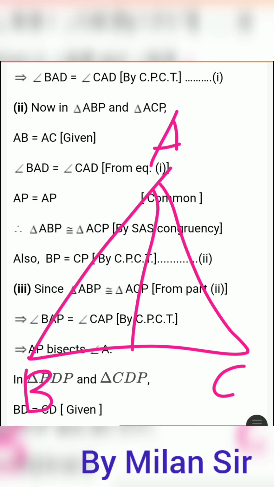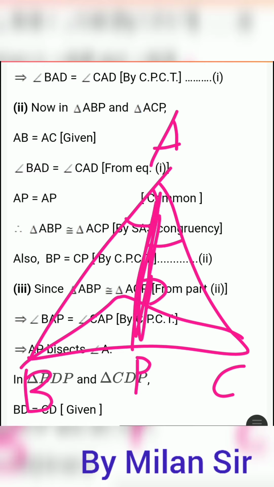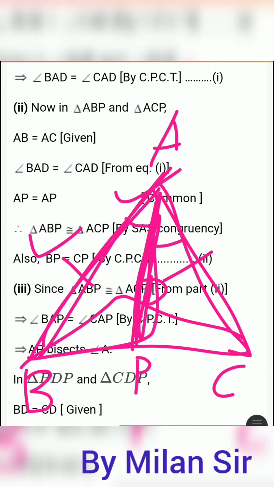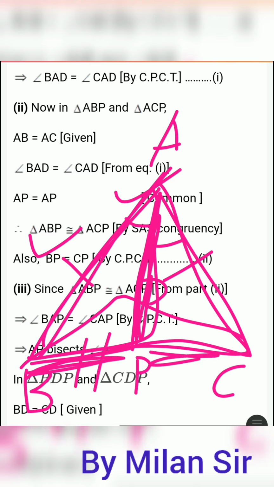In the first question we already proved that these two angles are same, then AP is the common side, and AB is equal to AC because it is an isosceles triangle. So by using side angle side we can say that triangle ABP is congruent to ACP, and from here we can also say that BP is equal to CP. These two sides are same.